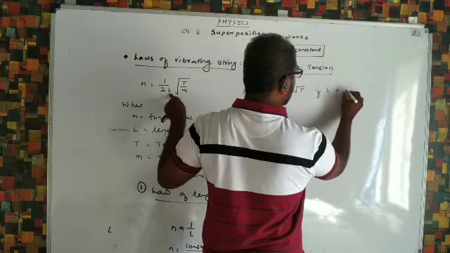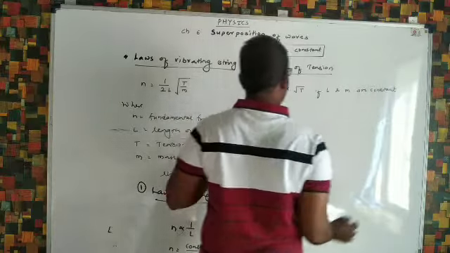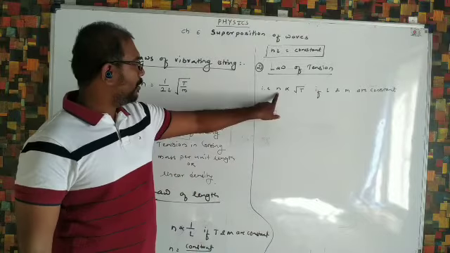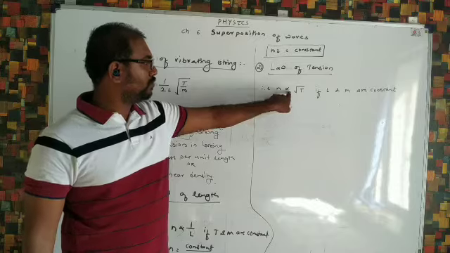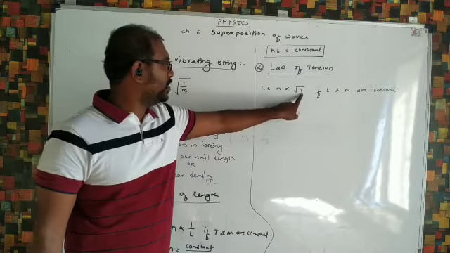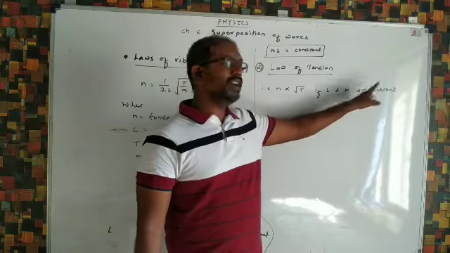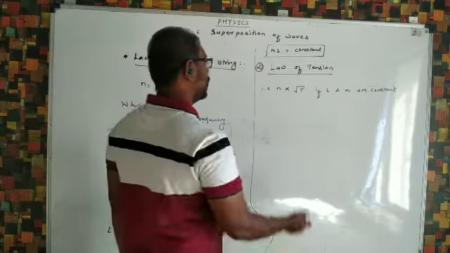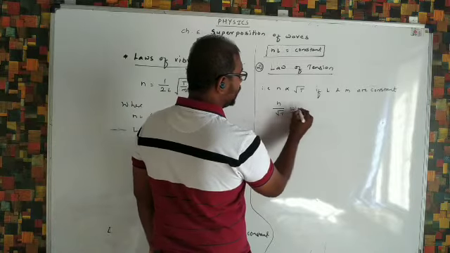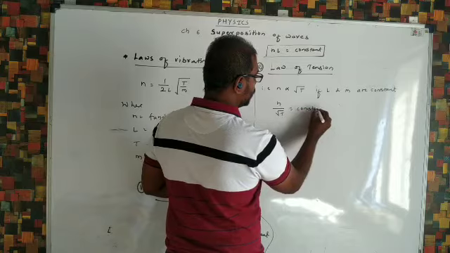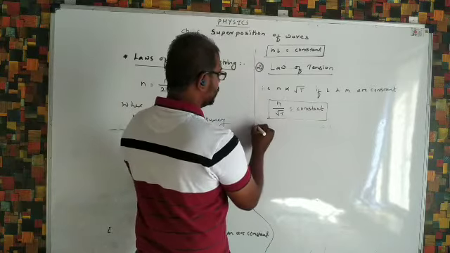In words: fundamental frequency of vibration of string is directly proportional to square root of tension in string if length of string and mass per unit length of string are constant. The same law we can write as n divided by root T is constant. So this is the law of tension.